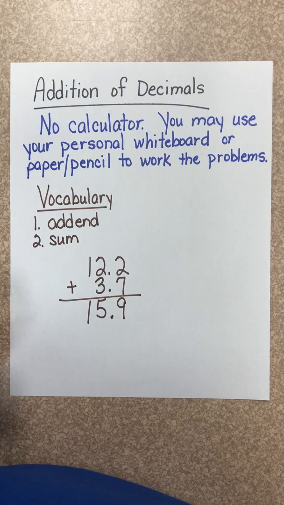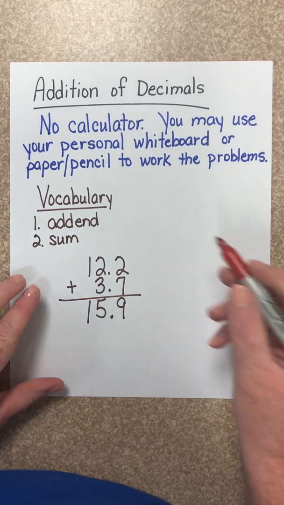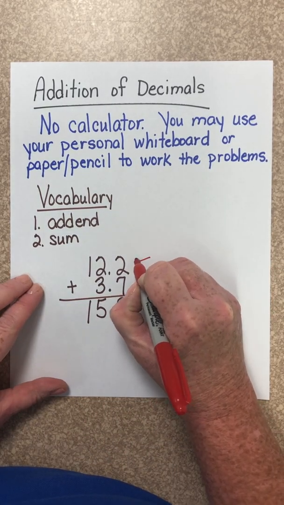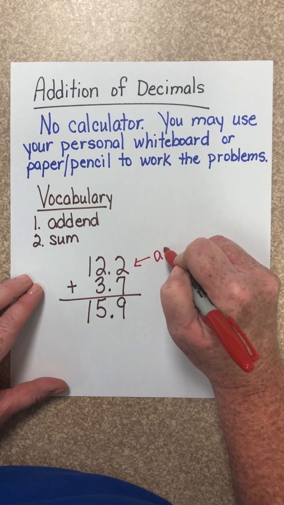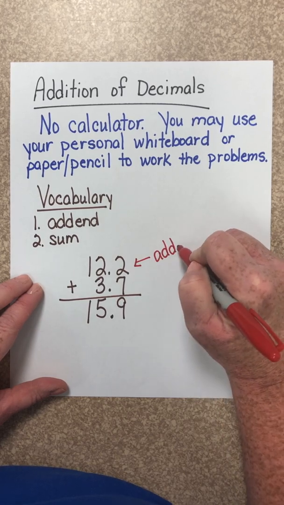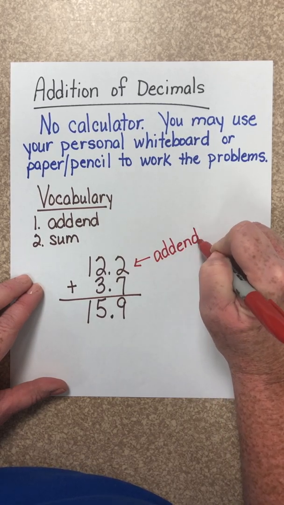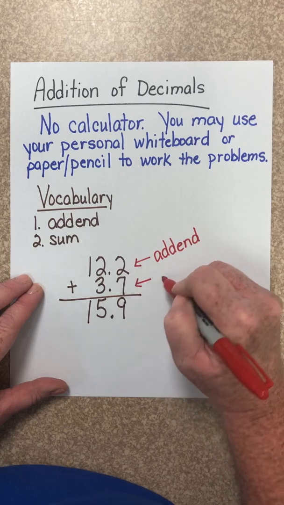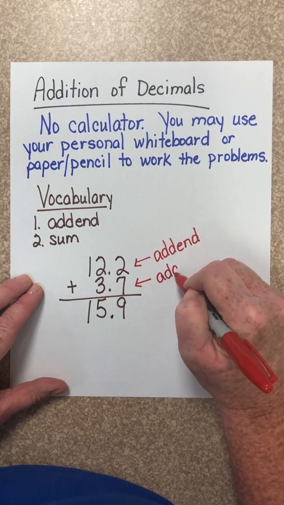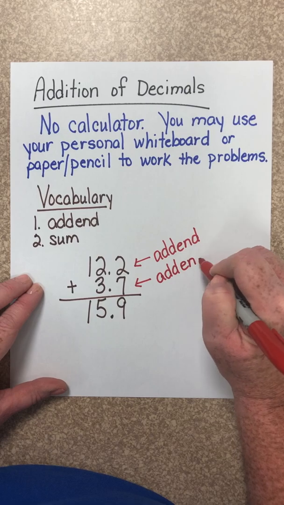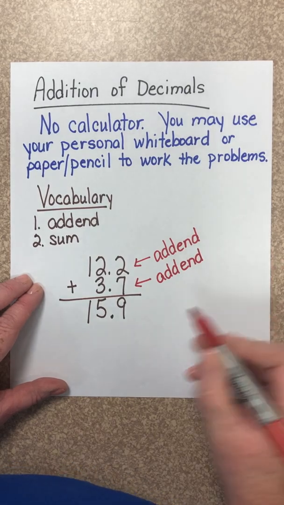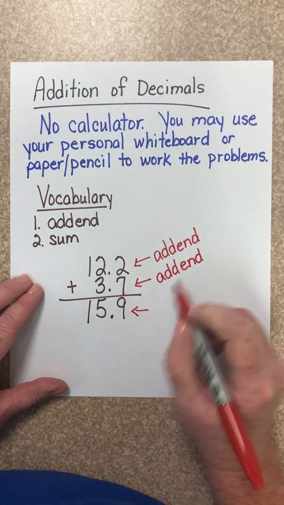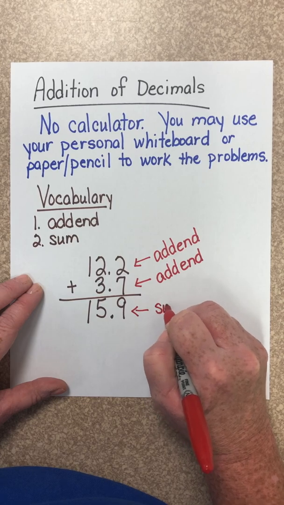The numbers that we add together are called addends. The answer to addition is called the sum.